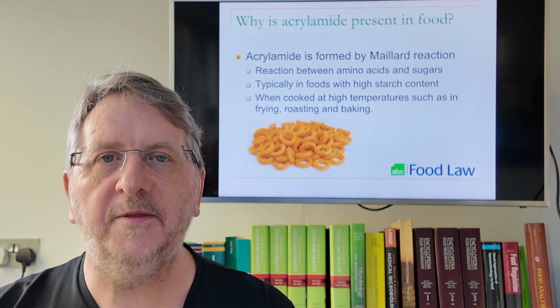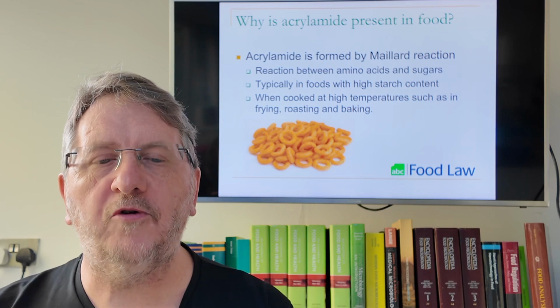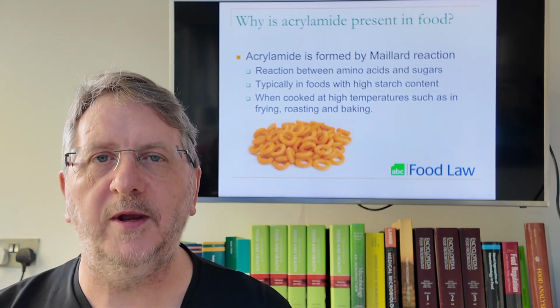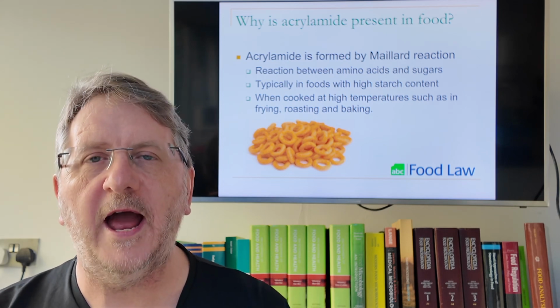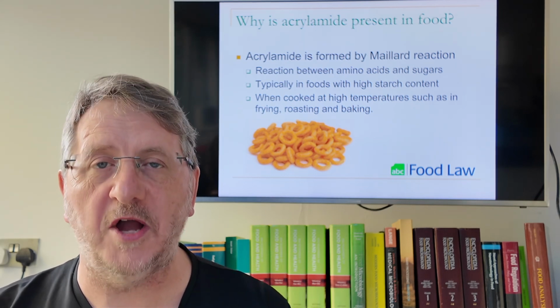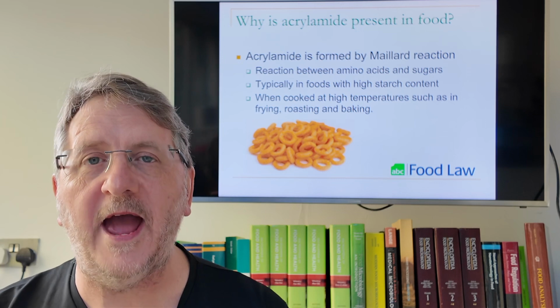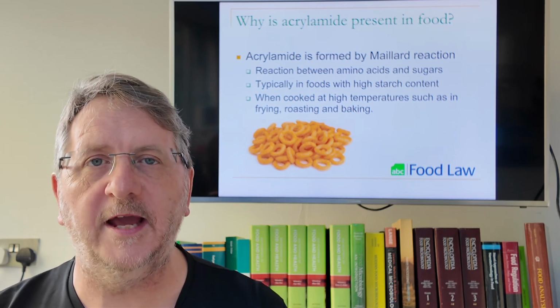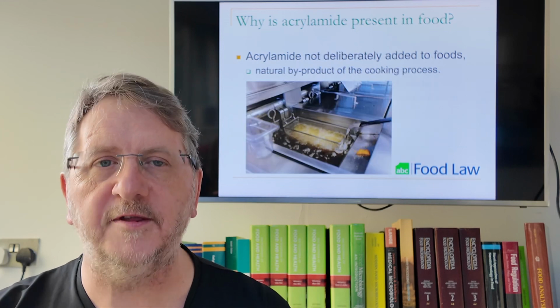So why is it there? Well, acrylamide is formed by the Maillard reaction. That's a reaction between amino acids and sugars in food, and it happens, as I say, in high starch content foods when they're cooked at high temperatures. So things like frying, roasting and baking can cause this.